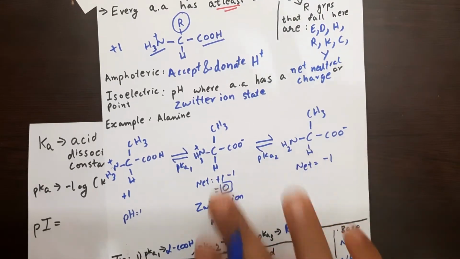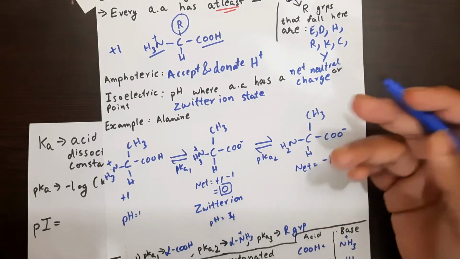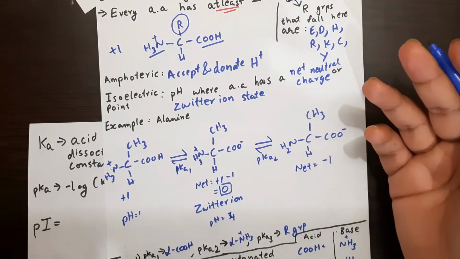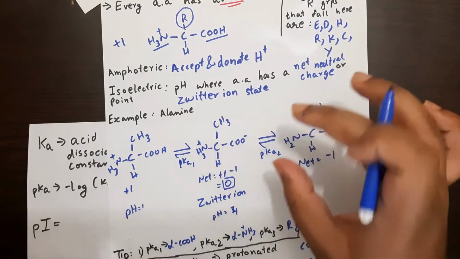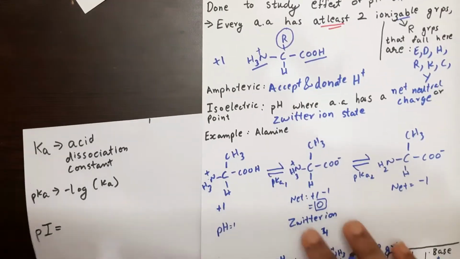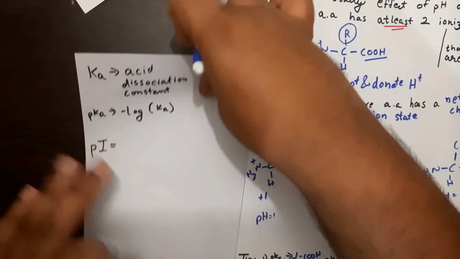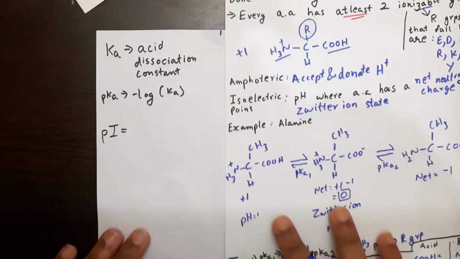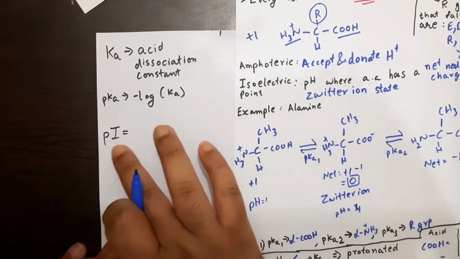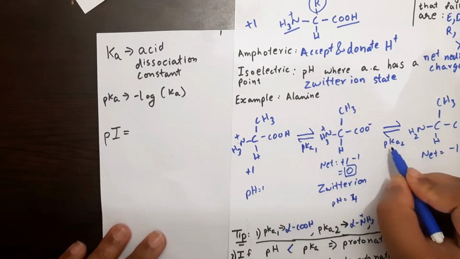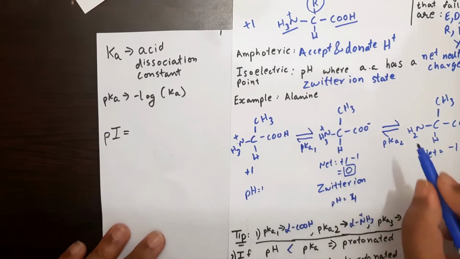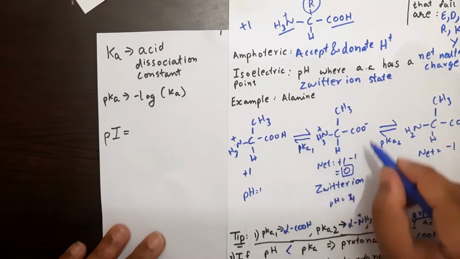Now this is basically what happens when you're dealing with the isoelectric point determination of an amino acid. You just have to find out where the Zwitter ion occurs. Now a formula that is used to calculate the isoelectric point, pI. pI is the isoelectric point. We take the pK values just before and just after the Zwitter ion is formed.